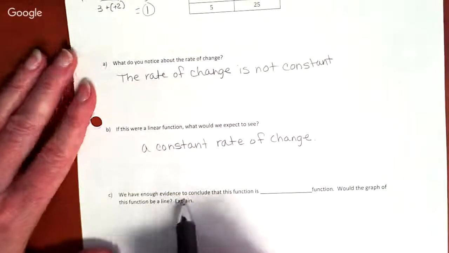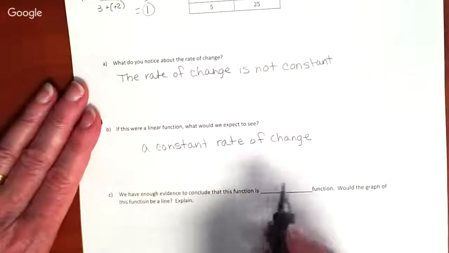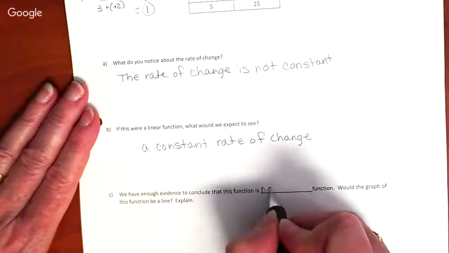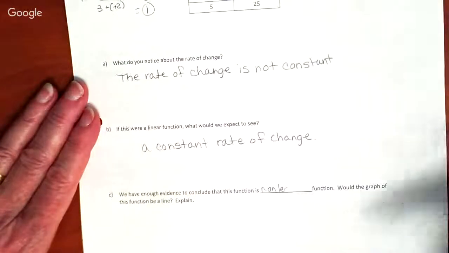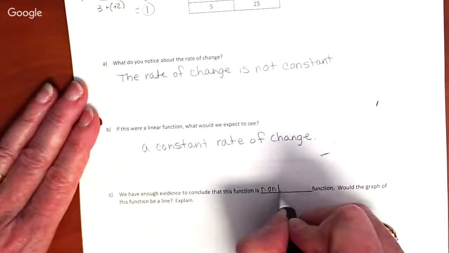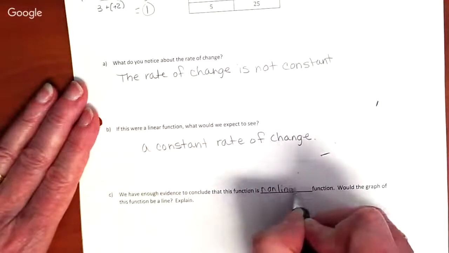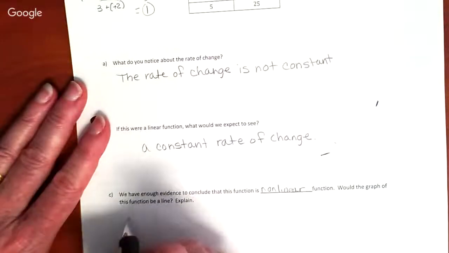So we have enough evidence to conclude that this function is nonlinear. Would the graph of this function be a line? No.